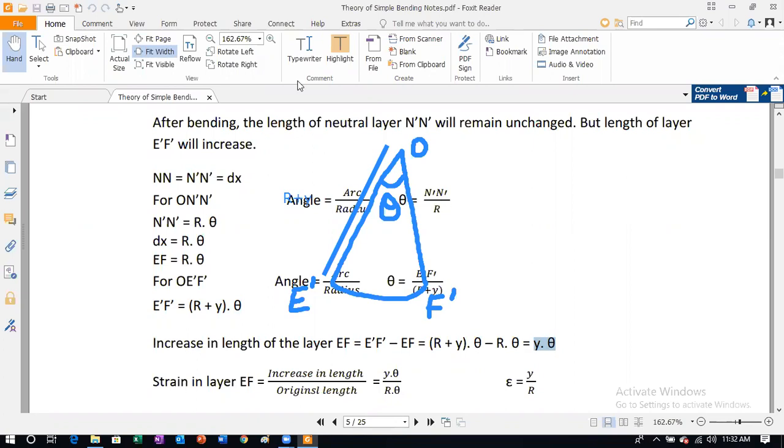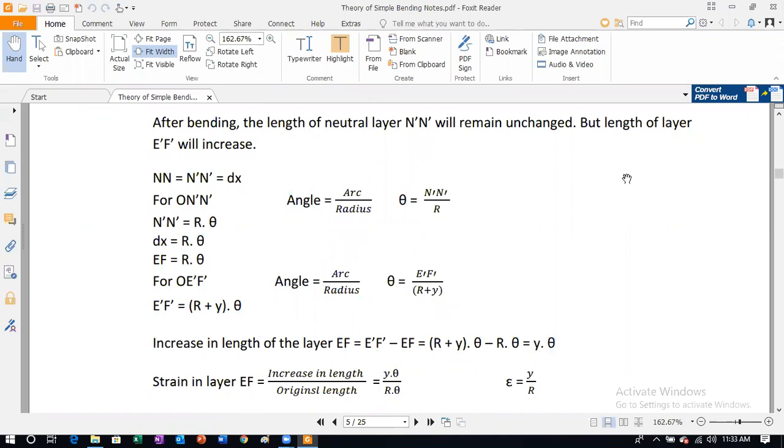So we know what strain is. Strain is increase in length divided by original length, or change in length divided by original length.